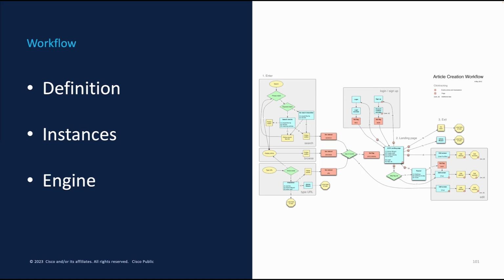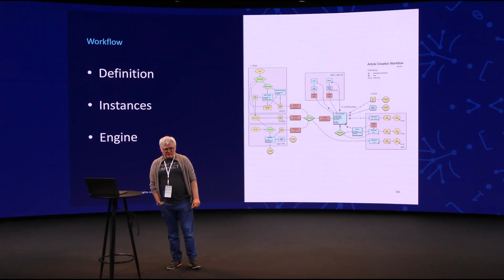So there are start, end, activities, choice, events, messages, all sorts of different things that have to be done in sequence, essentially. And we have the edges, which represent the preconditions. It's not the only way to represent workflows, but I think it's a very, very common way.